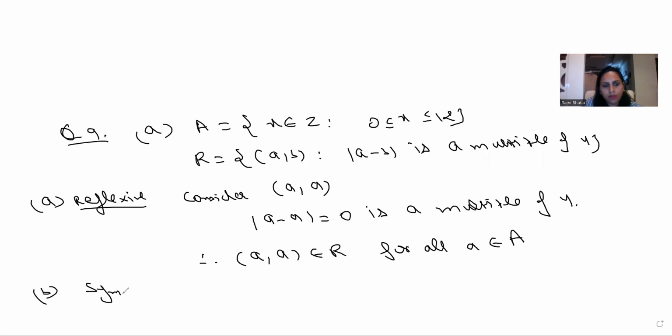Now for the symmetric part, we are going to write, let (a, b) belong to R. What does this imply?